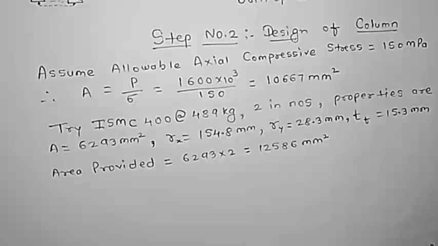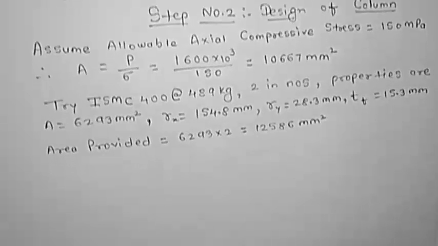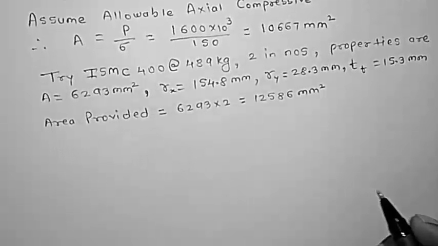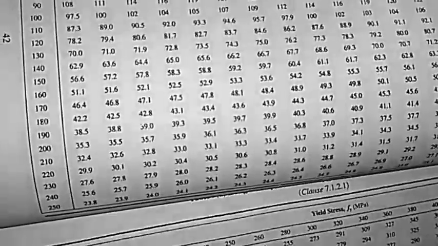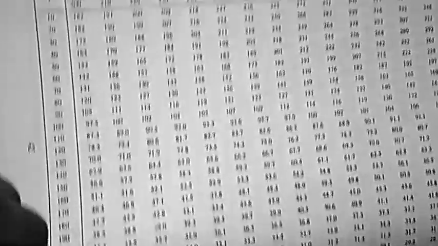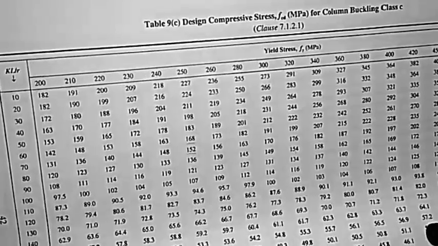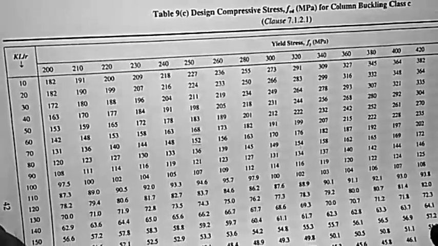So to calculate it, we need to go through the table number 9 on page number 42. So first of all, we need to calculate design compressive strength. If we look at this page number 42, we have this table number 9C, design compressive stress.